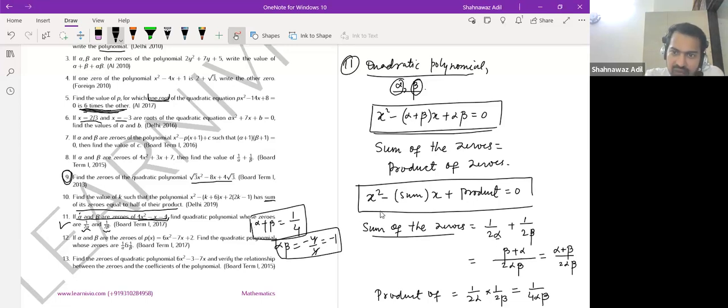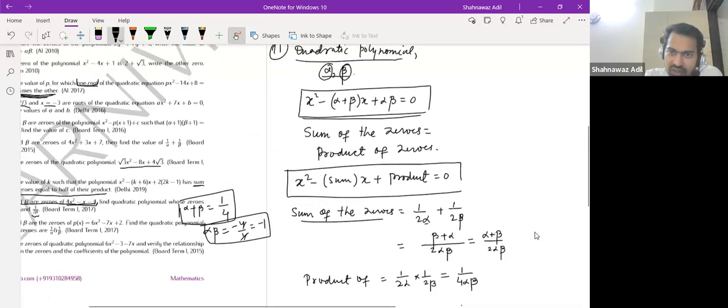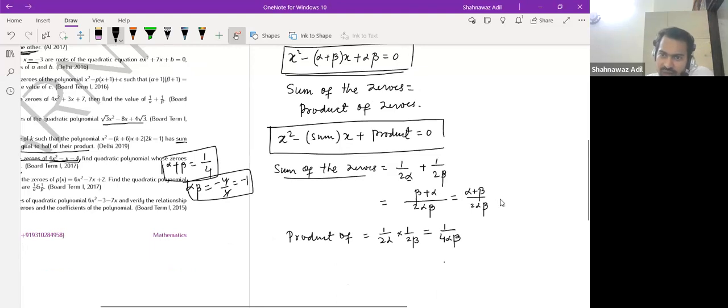So let us plug in the values and see what we get. Alpha plus beta is 1 by 4, divided by 2 into minus 1. So 4 goes in the denominator, this is 2 into 4 with a minus, so minus 1 by 8.